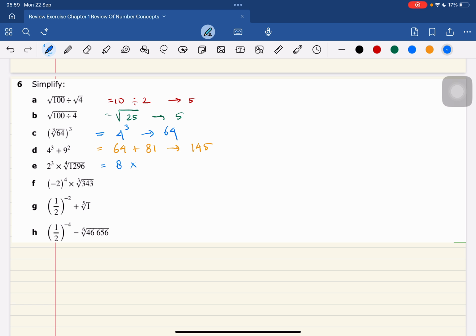So let's write 8. Oh, let's make it 6 times 6 times 6 times 6. Okay, so this is 6. So let's proceed. 8 multiplied by 6 is going to be 48.